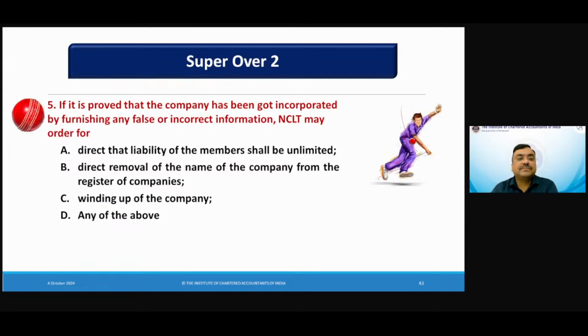Fifth question: if it is proved that the company has been incorporated by furnishing any false or incorrect information, NCLT may order or direct that the liability of the members shall be unlimited, direct removal of the name of the company from the register of companies, winding up of the company, any of the above.